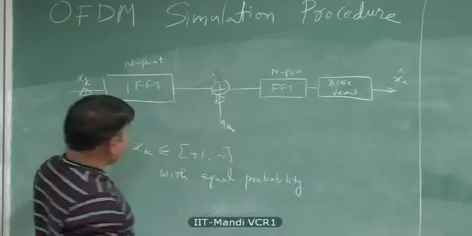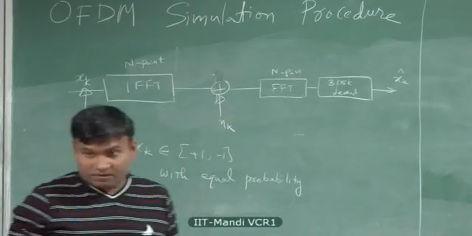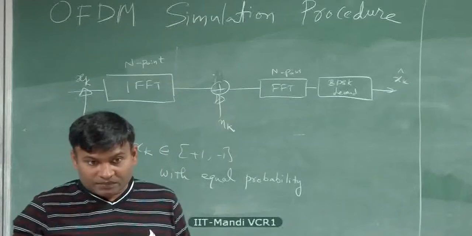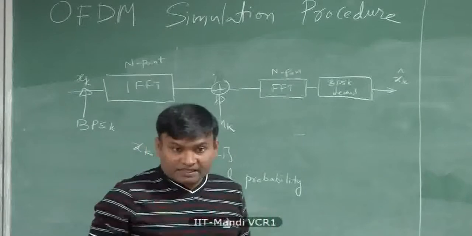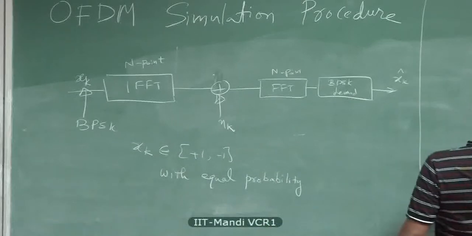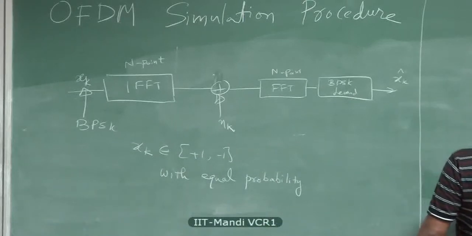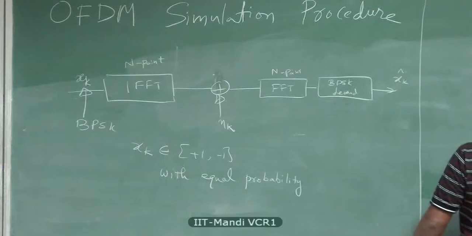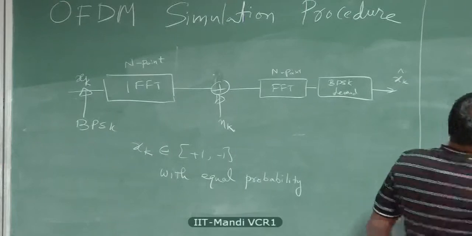So I asked you to take N points. In a real system, you specify the bandwidth, subcarrier spacing, N used, what else?